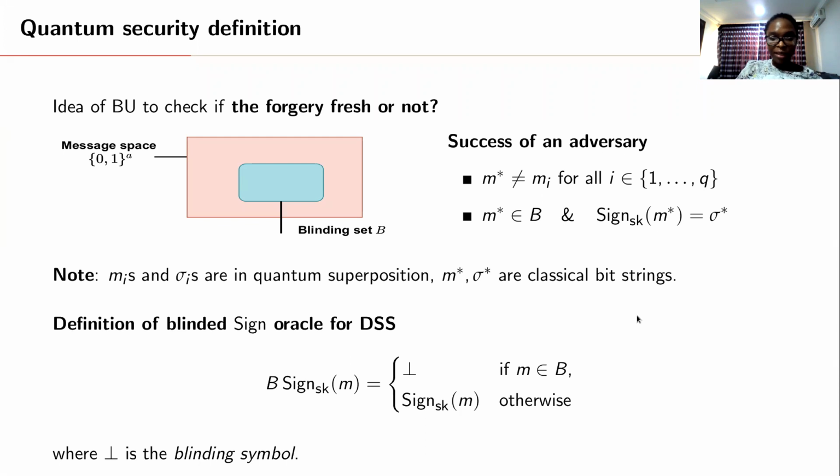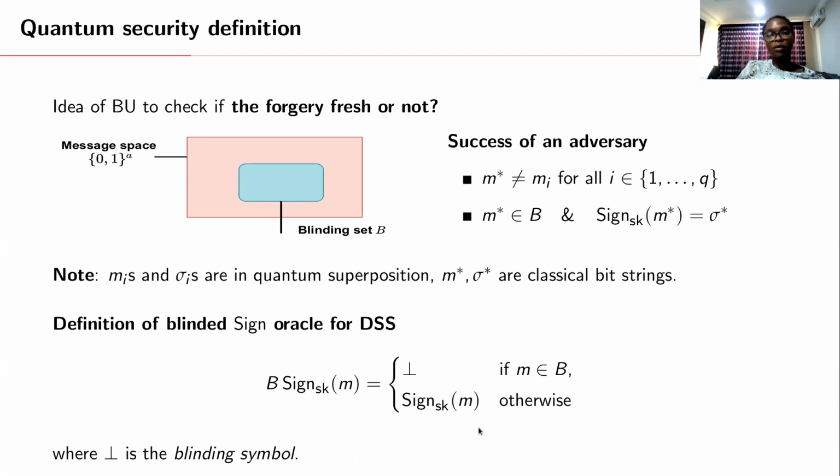When we say blinding, what we mean is that if we are using a blind sign oracle and the query to that oracle is M, the sign oracle first checks whether the message belongs to the blinding set. If it's true, then it outputs a dummy symbol, so it will not provide a signature. Otherwise, it provides a signature for that message.